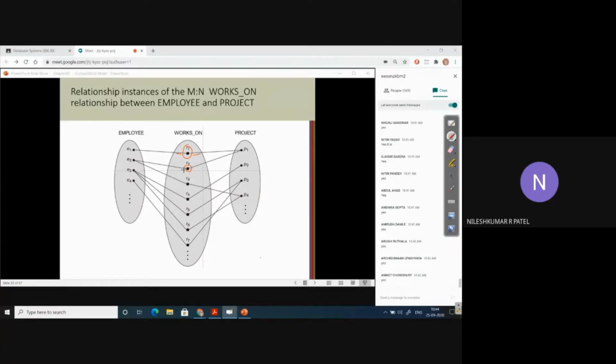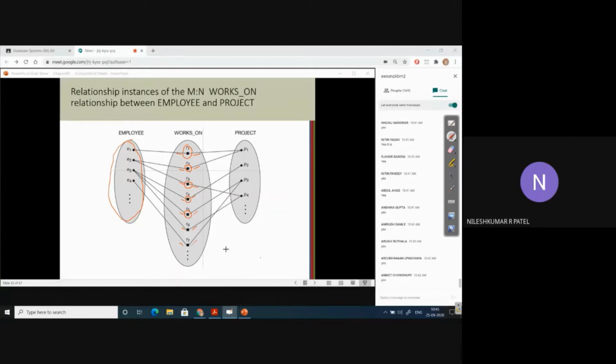Here one incoming, one outgoing; here one incoming, one outgoing. So every relationship instance has one incoming and one outgoing. There are 7 relationship instances, and each has one incoming and one outgoing.